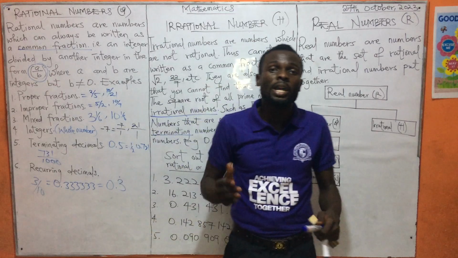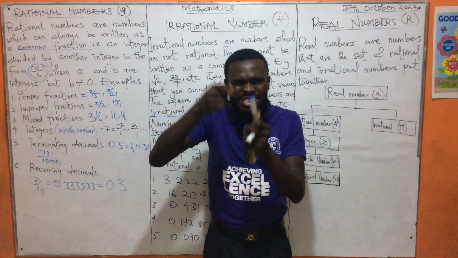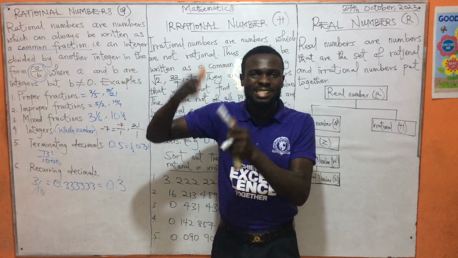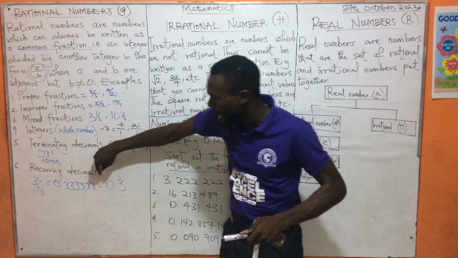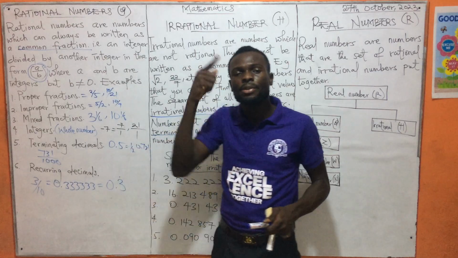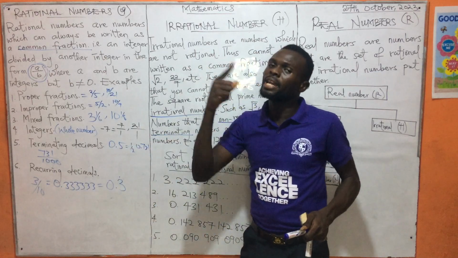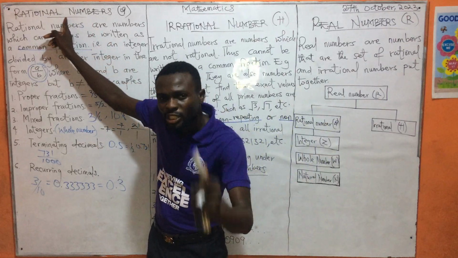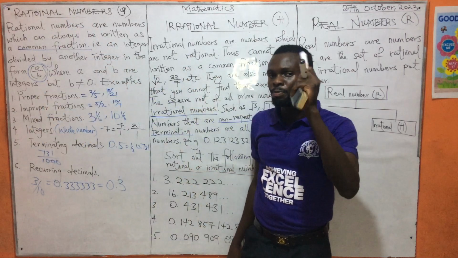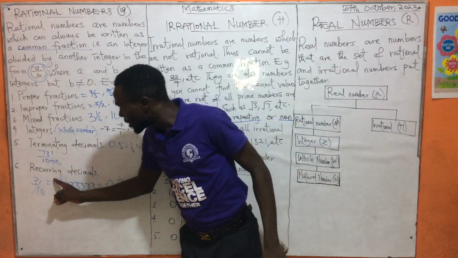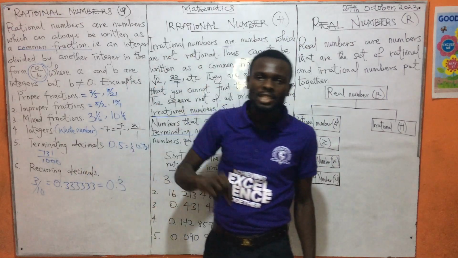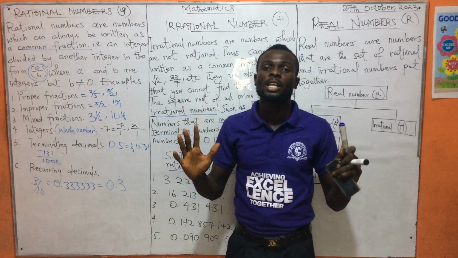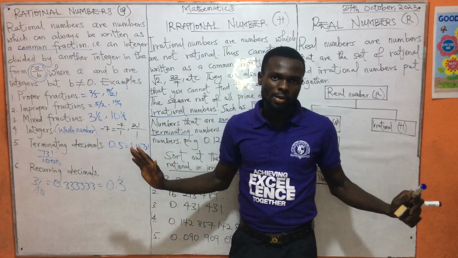It has no end. It goes forever, but it is in a certain order. So once it is in a certain order, then that decimal is a recurring decimal. And it happens to be a rational number, because the number can be written as a common fraction. Once it can be written as a common fraction, then it is a rational number.